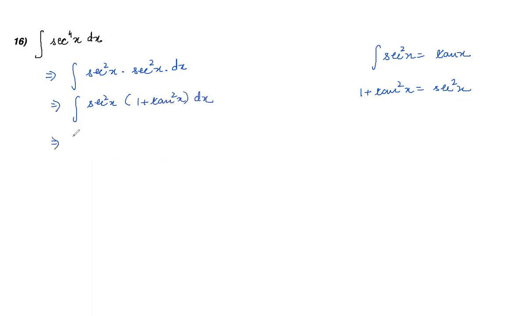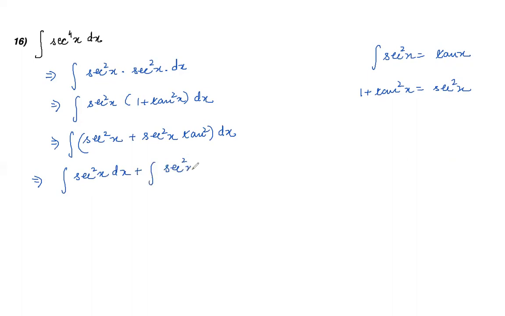Now what I'll do is I'll multiply. So it would become sec square x plus sec square x into tan square x into dx. Okay, I'll distribute again. So it would be integration of sec square x dx plus integration of sec square x and tan square x dx.